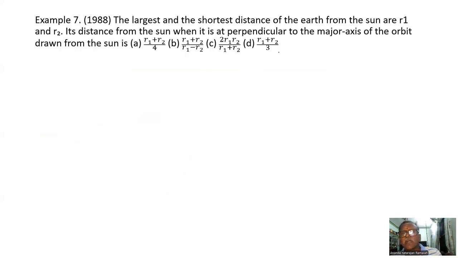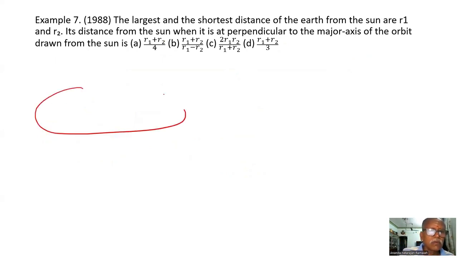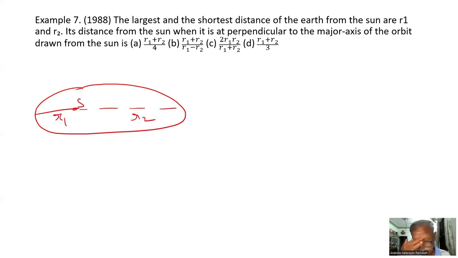The largest and the shortest distance of Earth from the Sun are R1 and R2. The Sun is here. This is R1. This is R2. Its distance from the Sun when it is at a perpendicular to the major axis of the orbit, drawn from the Sun, is the perpendicular distance.